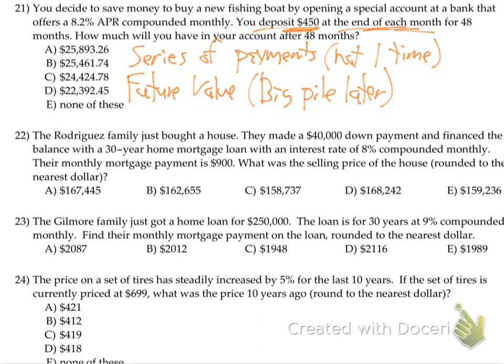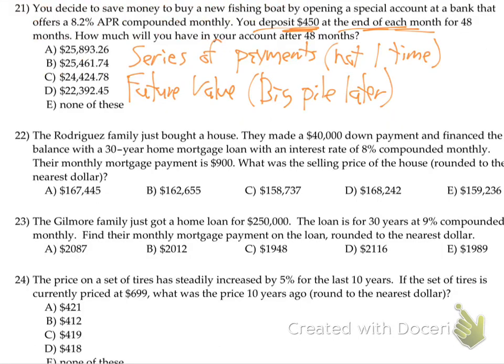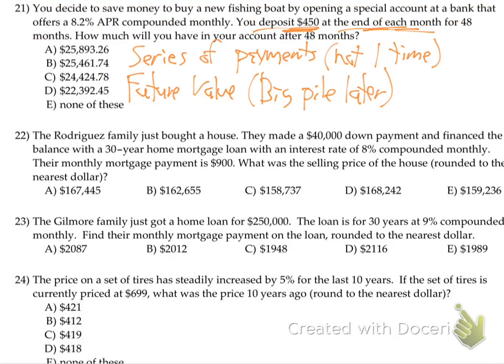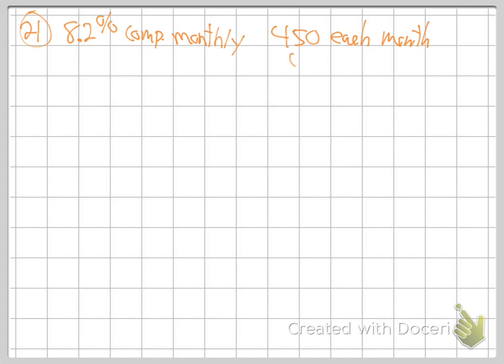You're going to 8.2% compounded monthly, $450 each month, and 48 months. Okay. So we use the future value formula.